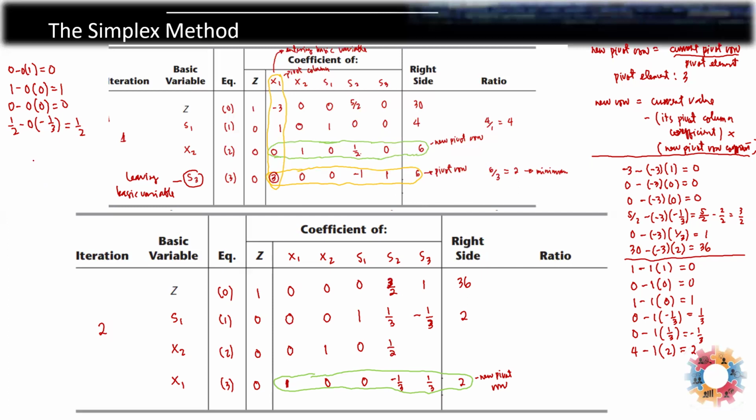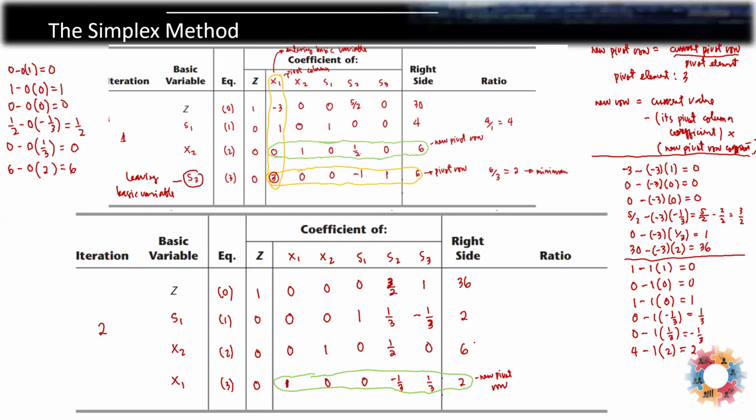And then 0 minus 0 times 1/3 equal to 0. Okay. And then 6 minus 0 times 2. That's your new pivot row coefficient. And that's equal to 6. Okay. So this is iteration 2.